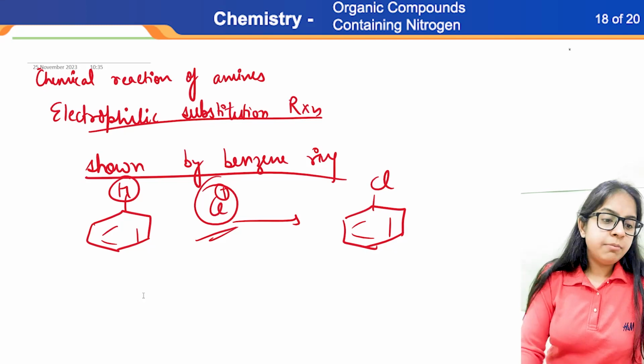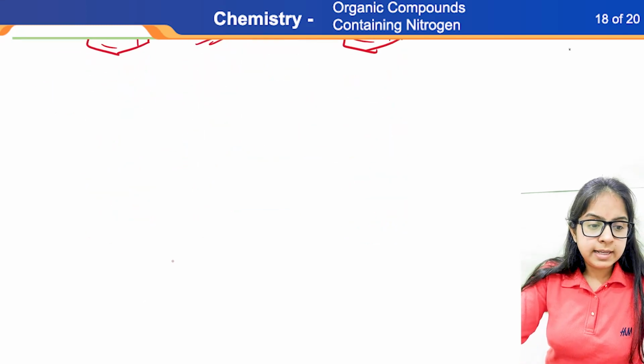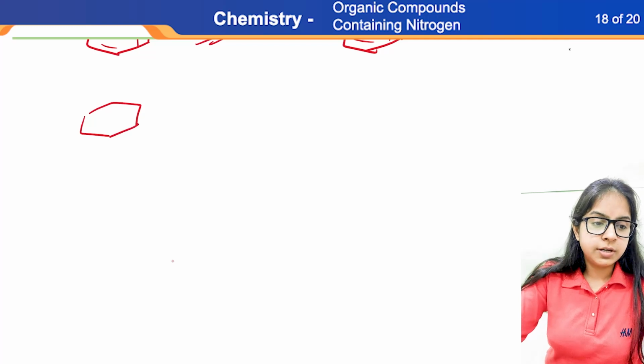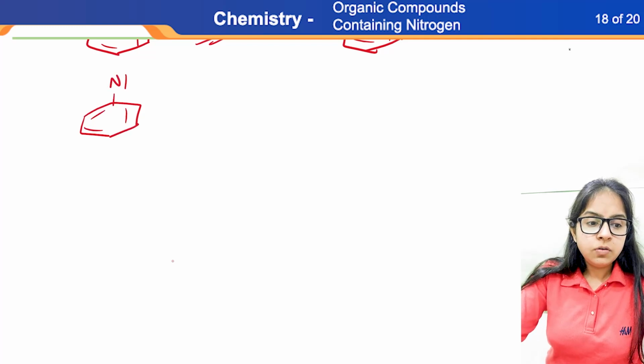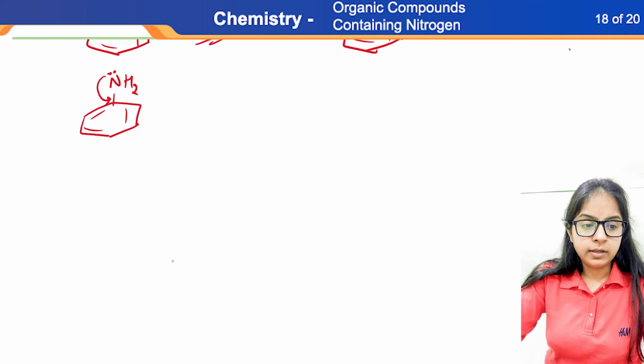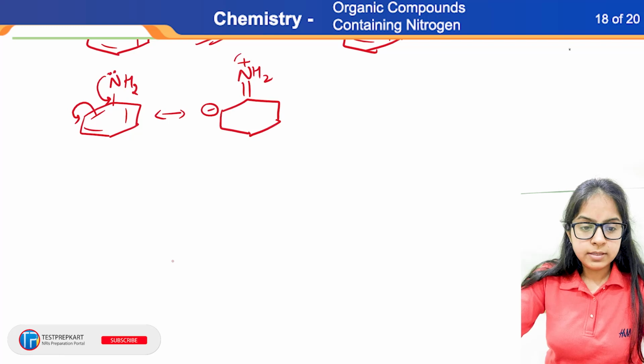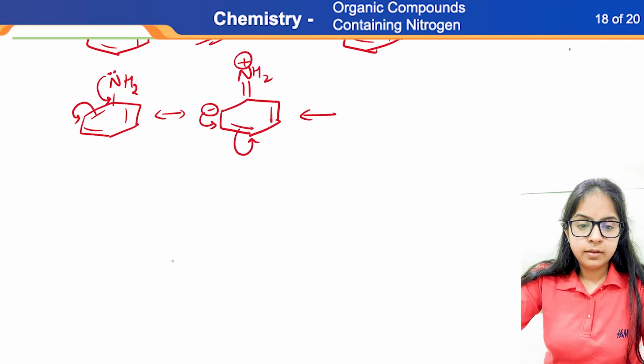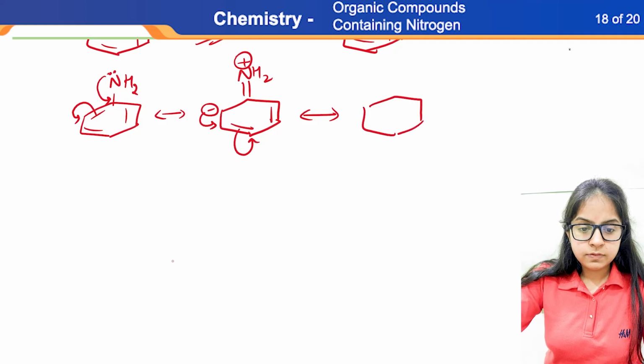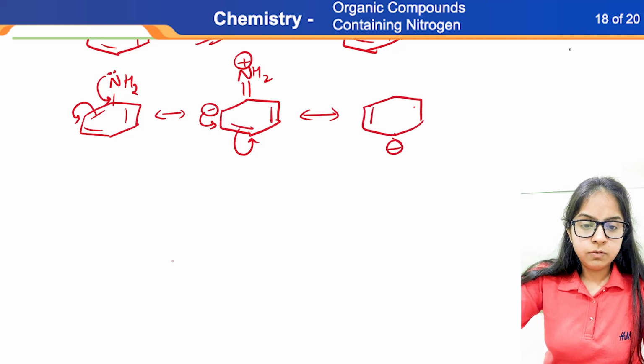Now, if I am attaching one group that is an electron releasing group, like nitrogen, NH2, this nitrogen is giving the electrons to the ring. I am showing you the resonating structures of the amines. I have this RNH2 positive, this one, again the resonance over there, this one negative over here, double bond NH2.